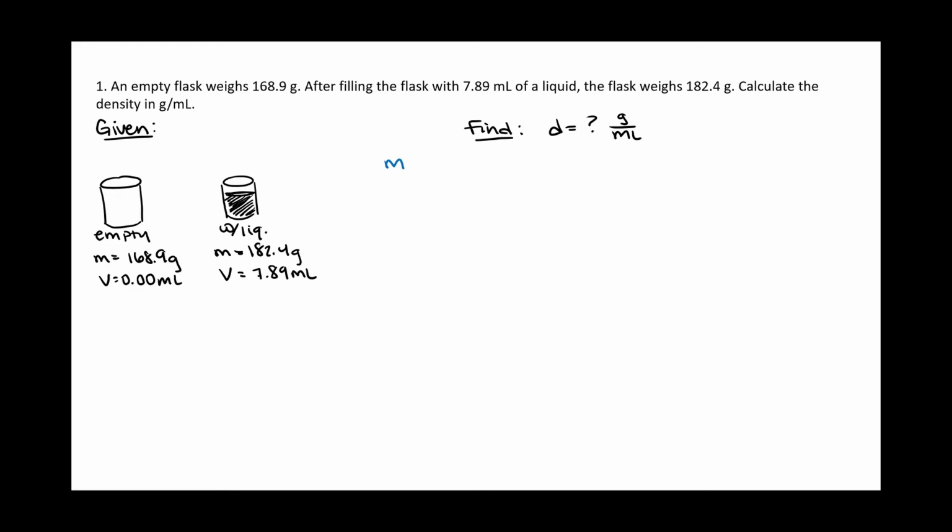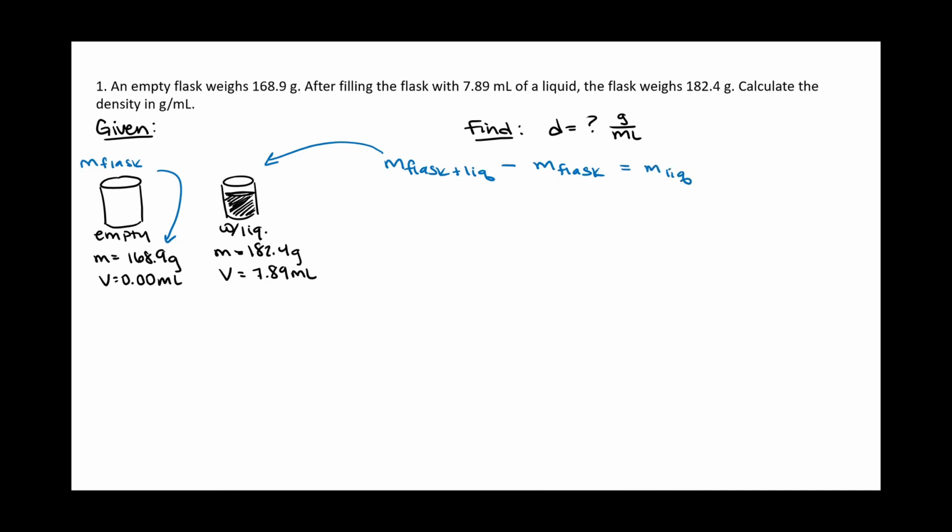Mass of flask plus the liquid, that's going to be this right here. We can subtract the mass of the flask, this would be just mass of the flask, and that will give us the mass of the liquid.